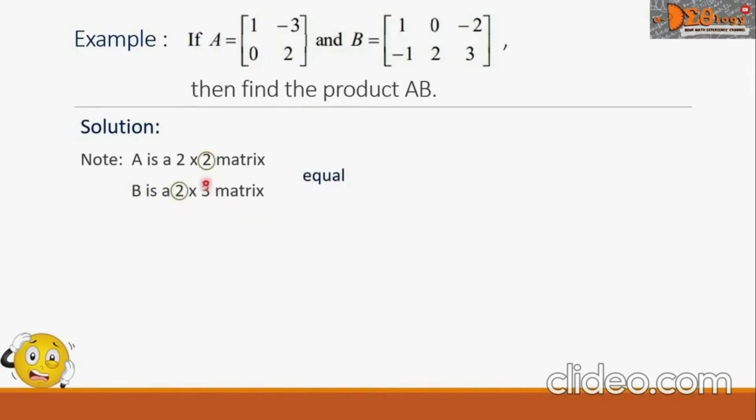We can see that the column of A is equal to the row of B. Therefore, AB is defined. Then AB is a 2 by 3 matrix. The 2 is the number of rows that comes from the rows of A, and the 3 is the number of columns that comes from the columns of matrix B.